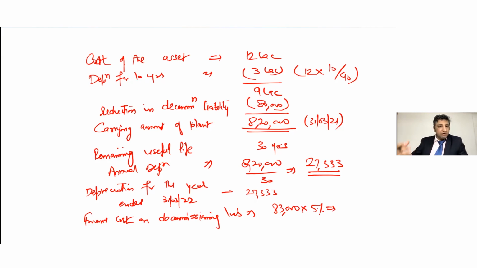The unwinding of discount will take place, which is 83,000, by the way. That will be 83,000 into 5%. That gives me a value of 4150. Right? That's how you start structuring your answer. That's how you start doing your calculations to be able to explain the requirement application.